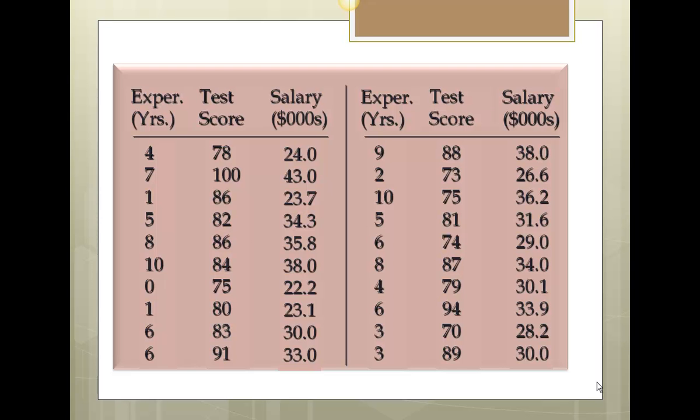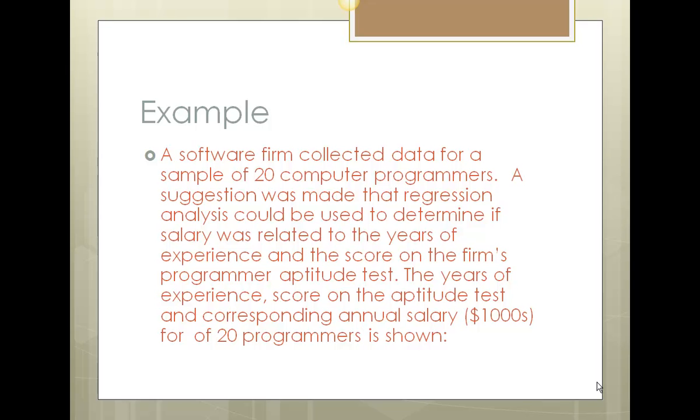So we have to ask ourselves, what are our x variables and what is our y? In other words, what independent variables are we using to predict our dependent variable? So let's go back to the question. They suggest a regression equation can be used to determine if salary was related to years of experience and the score on the aptitude test.